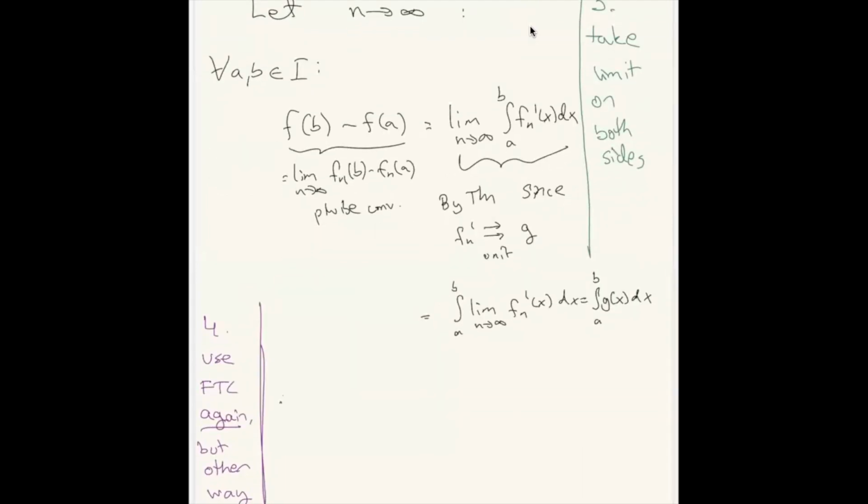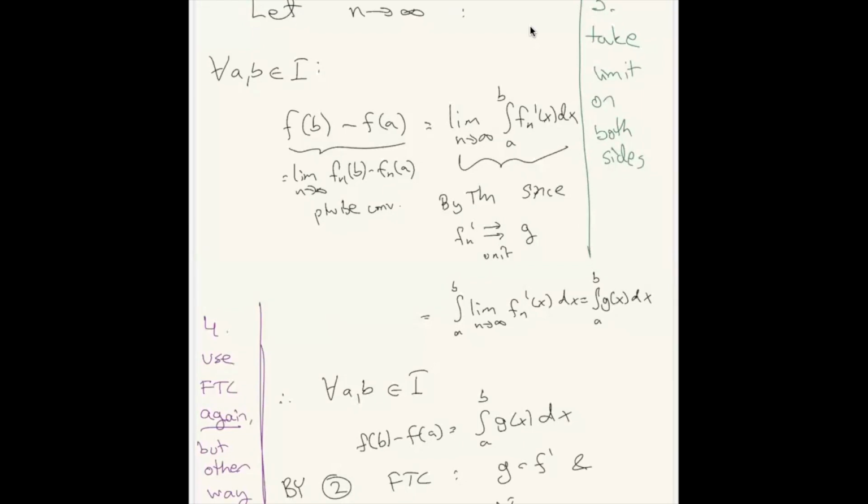So what we get is that for all a, b in I, f of b minus f of a, the change in the function, is the integral of some function g of x dx. So now by part 2 of the fundamental theorem of calculus, g is equal to f prime, and f is differentiable.